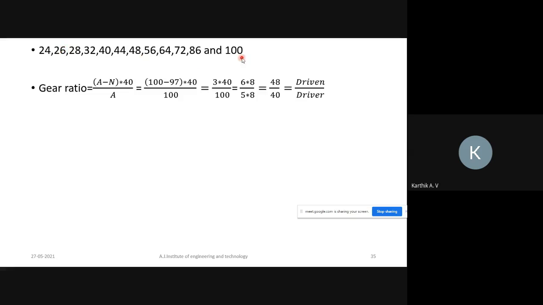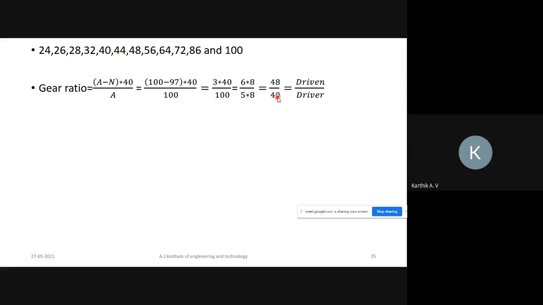This is the standard gear train ratio. You should match the denominator value to any of the values. So I will multiply the denominator 5 by 8, which gives 40, and the same value you should multiply in the numerator also. 6 into 8 is 48, so 48 divided by 40.